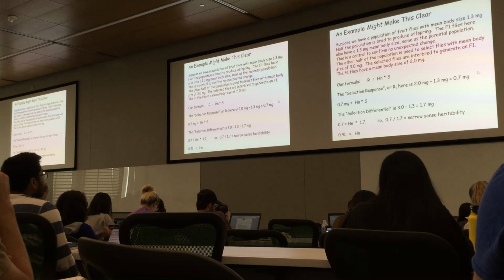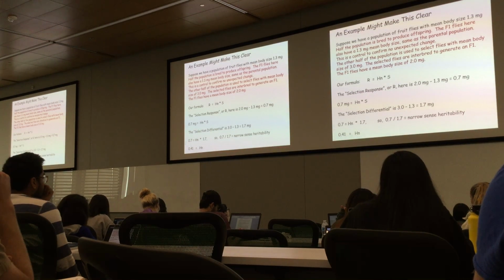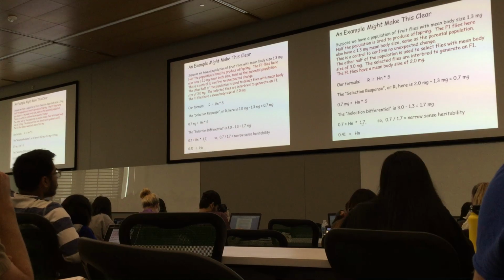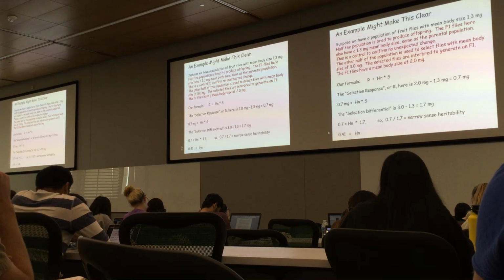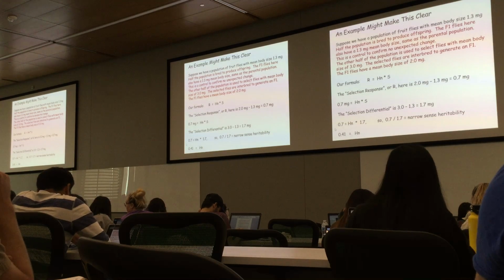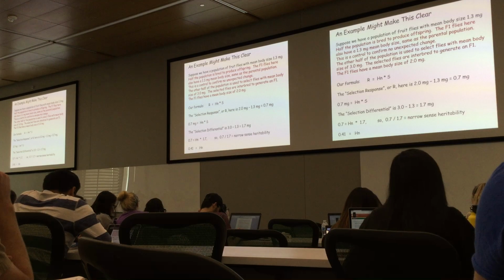So that's 0.7. The selection differential, that's kind of the parents that we picked, they were at 3 compared to 1.3 in the population, so that's 1.7. So in this simple example, we divide this by this, and we determine a narrow sense heritability proportion of about 0.41. So this is kind of the level of problem that I think is suitable to do.